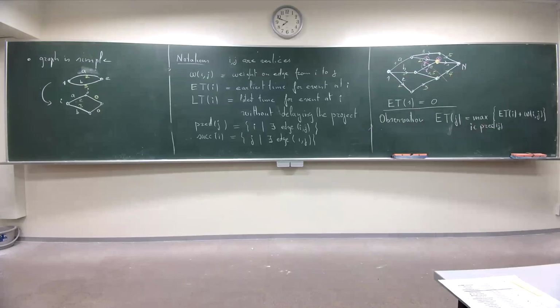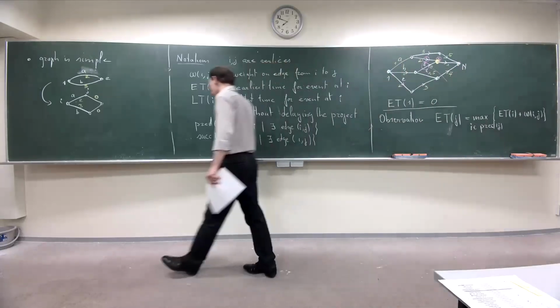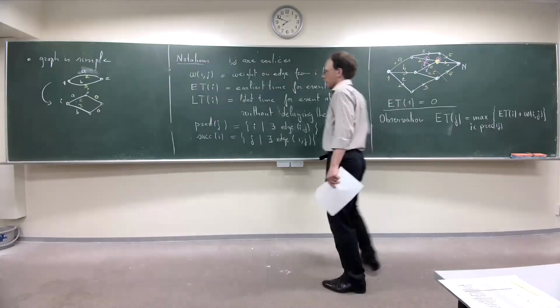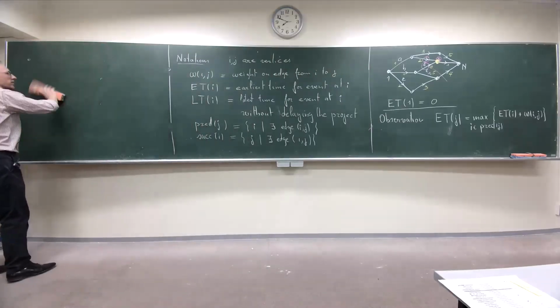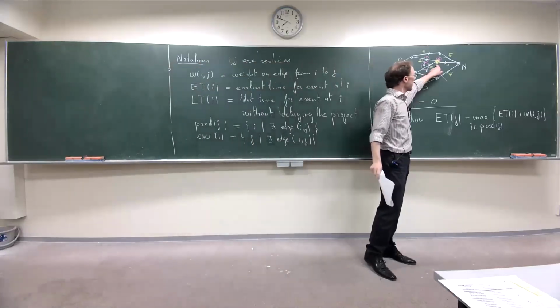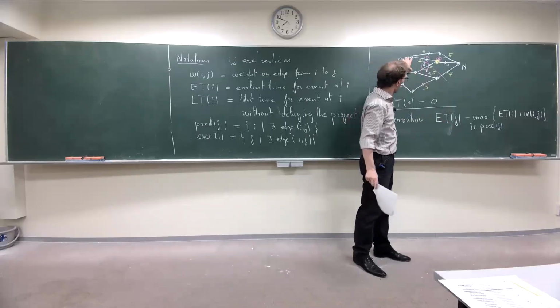Why the maximum? Think about this. I give you 30 seconds. Why is it the maximum? Take this point here. You reach this point by two paths.